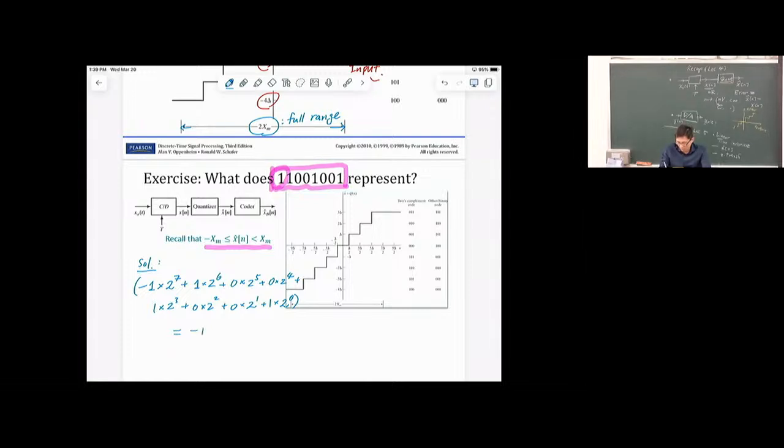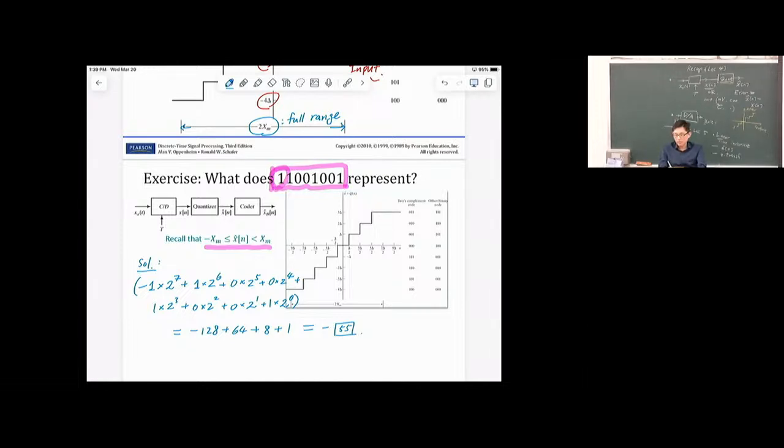Minus 128 plus 64. Really, this is seriously what we mean. Plus 8 plus 1, okay? Equals to what? You can calculate. It's probably minus something. Can anybody tell me? Seems to be minus 55, if my calculation is correct.